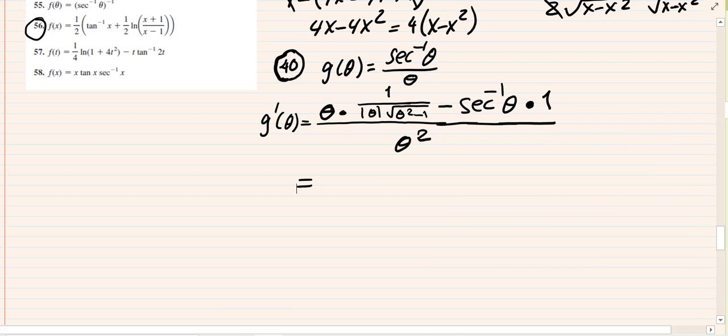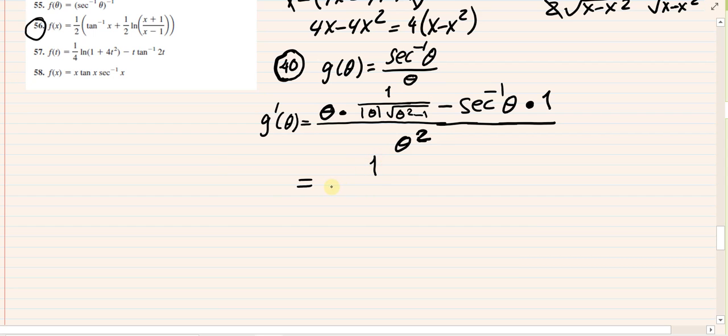Because I'm dividing by theta squared, the monomial, I'm going to divide each term in the numerator by the denominator. In other words, I'm looking at that by itself. Notice in here I can divide the thetas out, when I look at it as a single fraction.